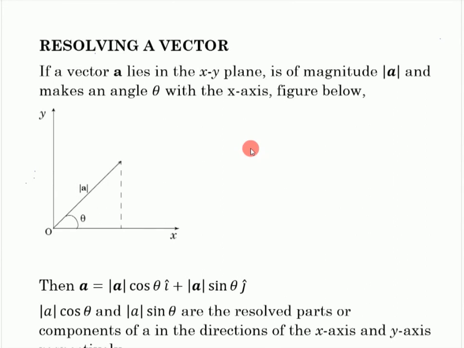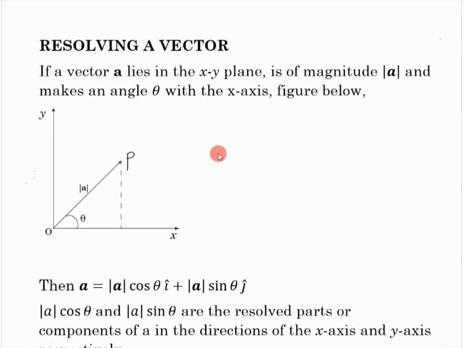Let us look at resolving a vector of magnitude a making an angle theta with the x-axis. Let us just focus on this diagram here and see what we can do when you want to resolve. If a vector is running from a point O to a point P, that vector has a horizontal and a vertical component.